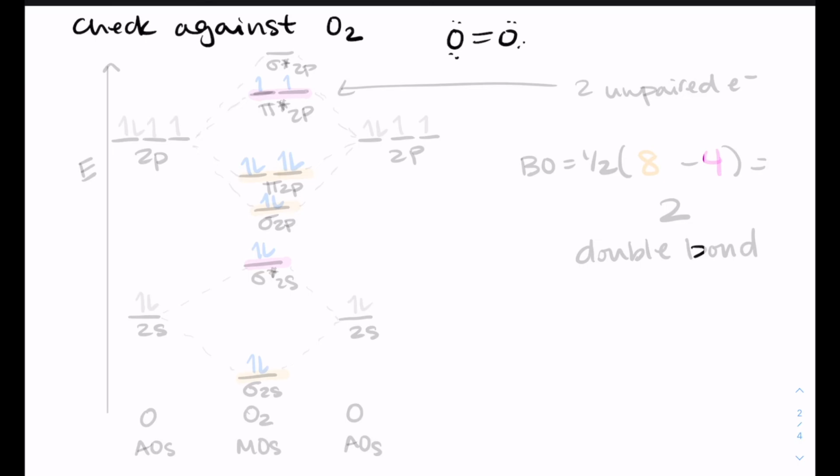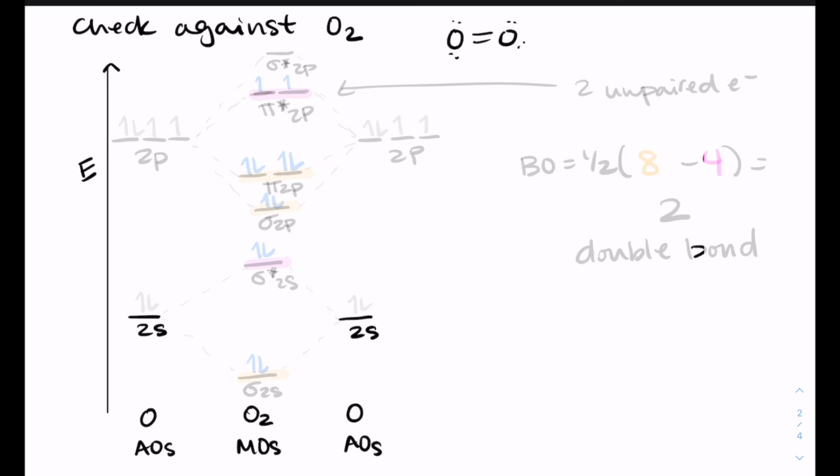So when I'm filling in my MOs for O2, I have sigma 2s as the lowest, sigma star 2s after that, then second half, first order, sigma 2p comes next, then pi 2p, then pi star 2p, and sigma star 2p.